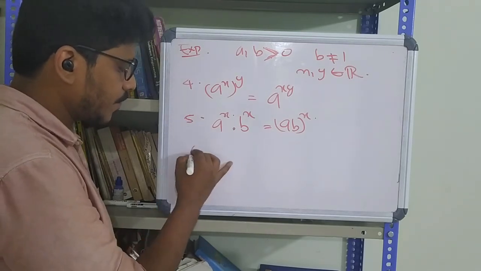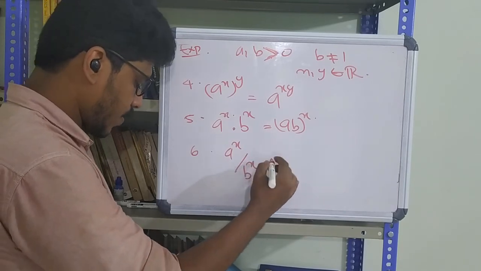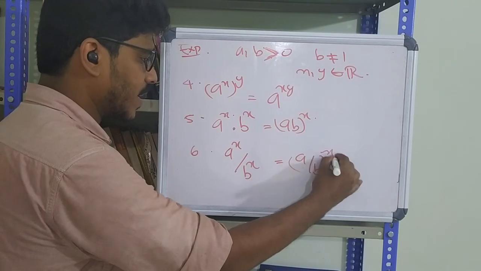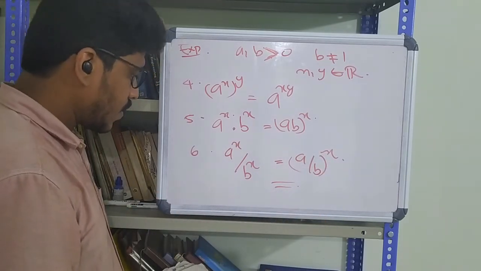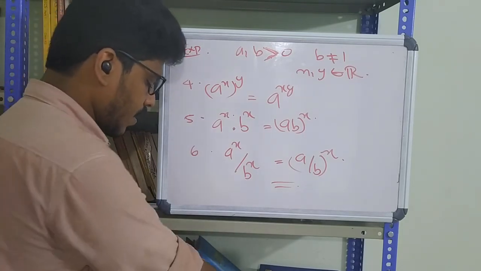Similarly, a raised to the power x by b raised to the power x equal to a by b all raised to the power x. Okay. So remember these 6 properties of exponential functions.